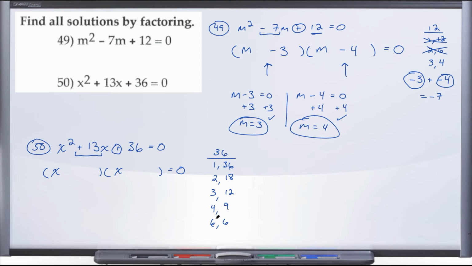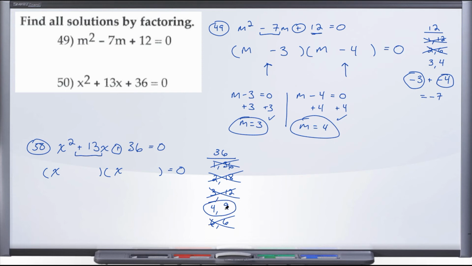All right, so let's take a look at this list of factors and which ones can we add to get to positive 13. Well, we can't do that with 1 and 36. We can't do that with 2 and 18. Can't do that with 3 and 12. We can't do that with 6 and 6, but we can do that with 4 and 9, can't we?